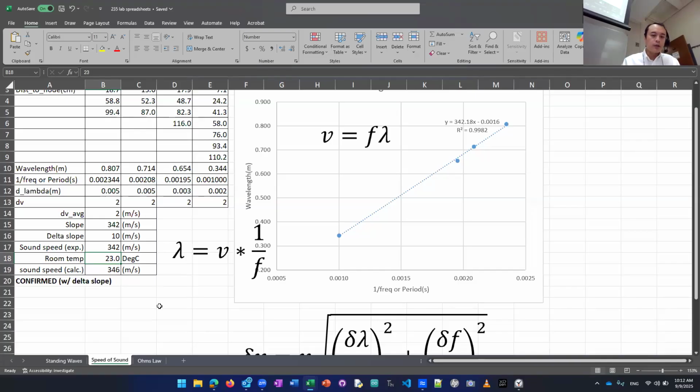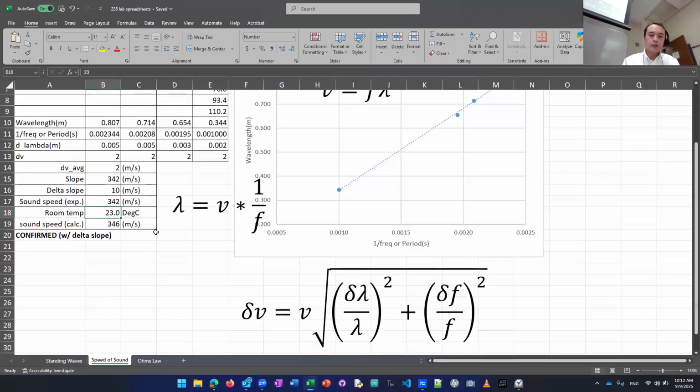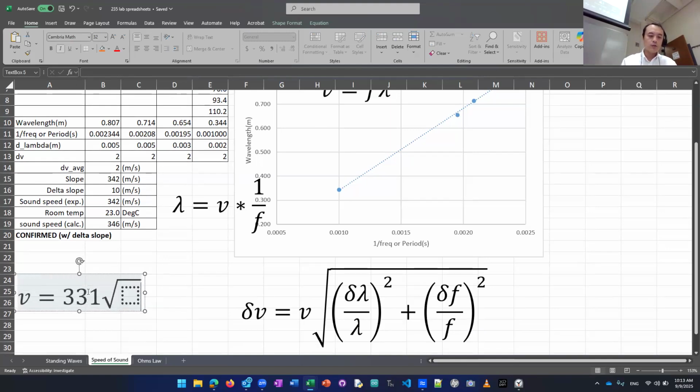And there's also a speed of sound calculation. So a lot of these calculations compared to what we did last time. So we have this formula, speed of sound, 331 times the square root of temperature in C divided by 273.